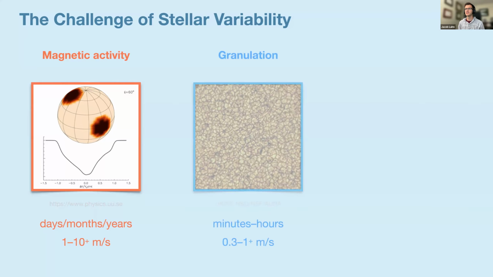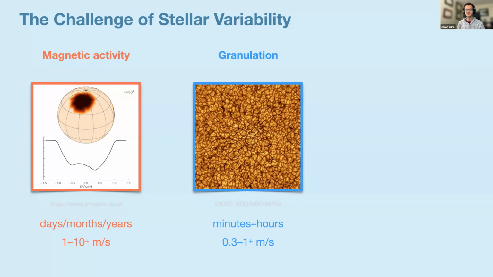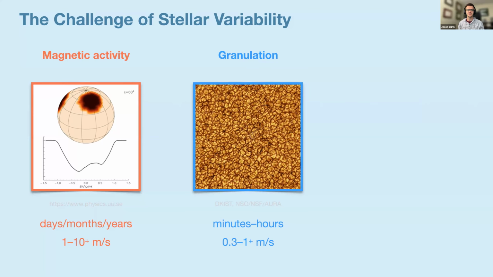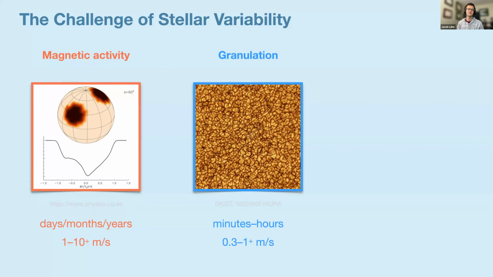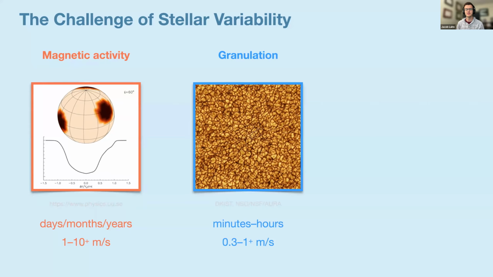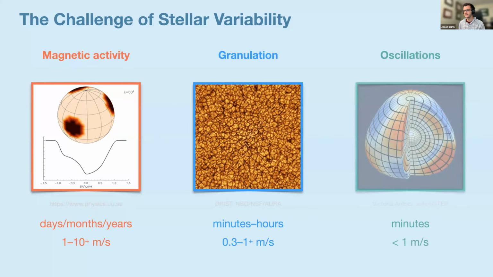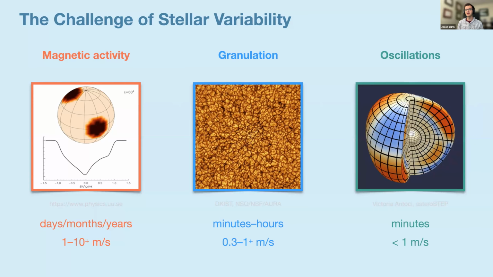Additionally, we often think about granulation, the surface manifestation of convection. And this operates on timescales of minutes to hours at amplitudes roughly a meter per second or so. And kind of the third source of variability that we talk about a lot is P-mode oscillations.